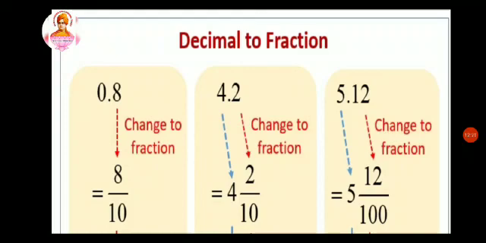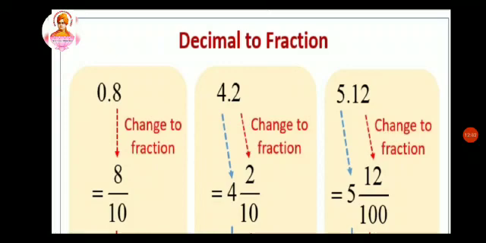The second problem, I have a number 4.2. So here we have a whole number. So the whole number can be written as a mixed fraction here. In a mixed fraction, we have two parts combined, that is the whole number and also the fraction.